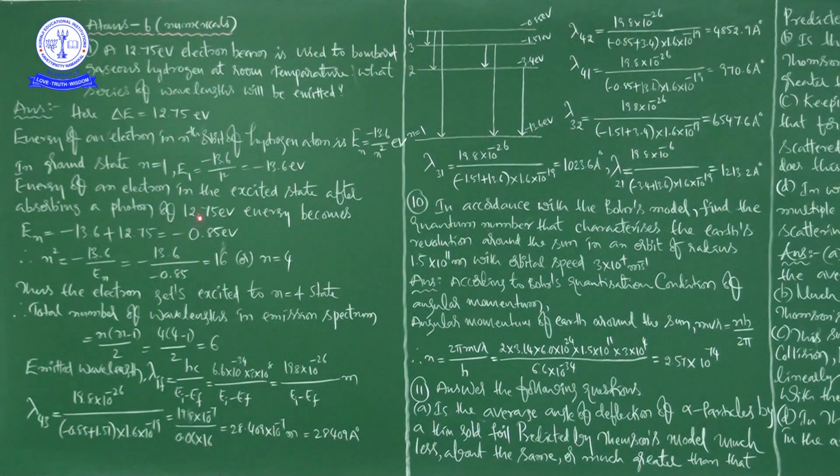Next, see here. The energy of an electron in the excited state after absorbing a photon of 12.75 electron volt energy.